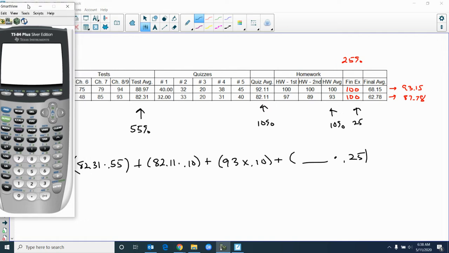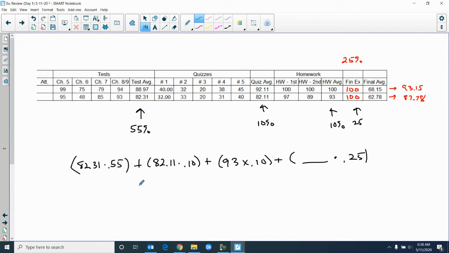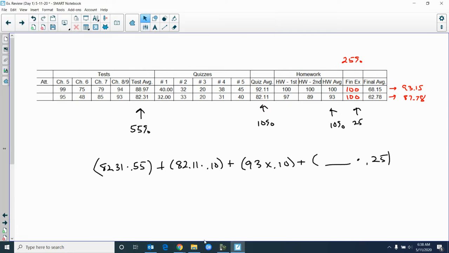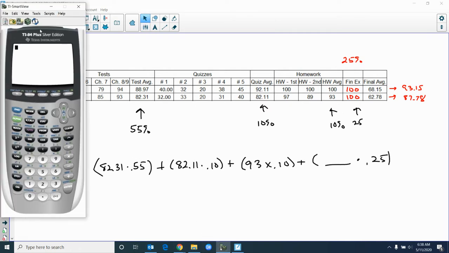And so let me see here. Let me see if I can move these a little bit. There we go. So 82.31 times 0.55 plus 82.11 times 0.1 plus 93 times 0.1.